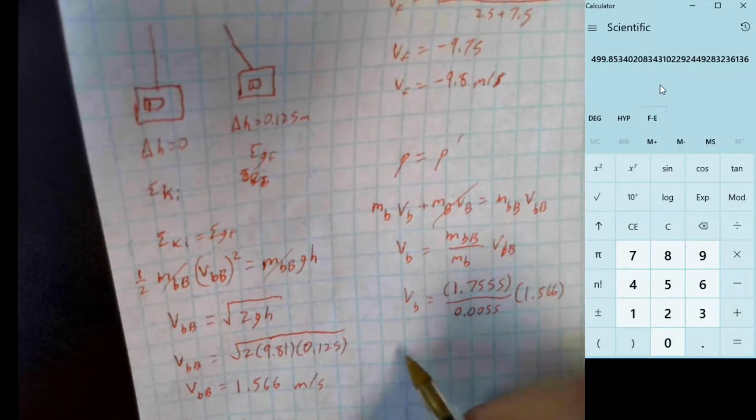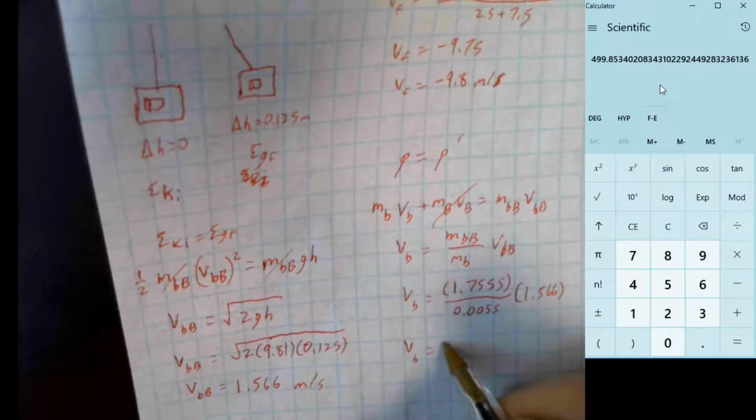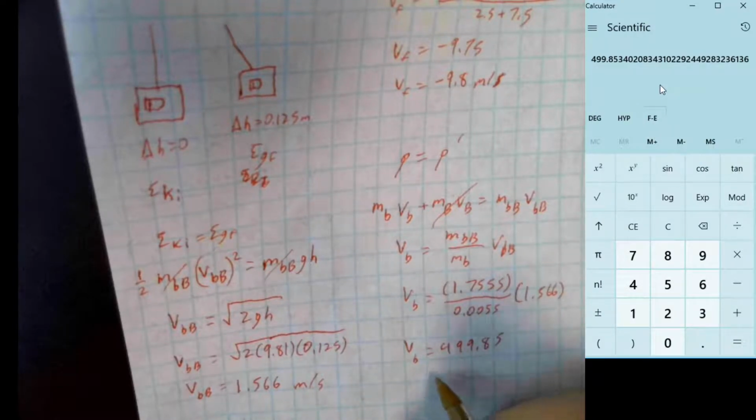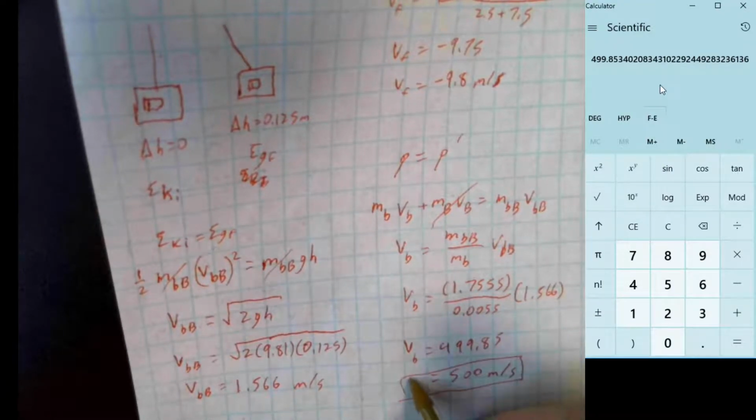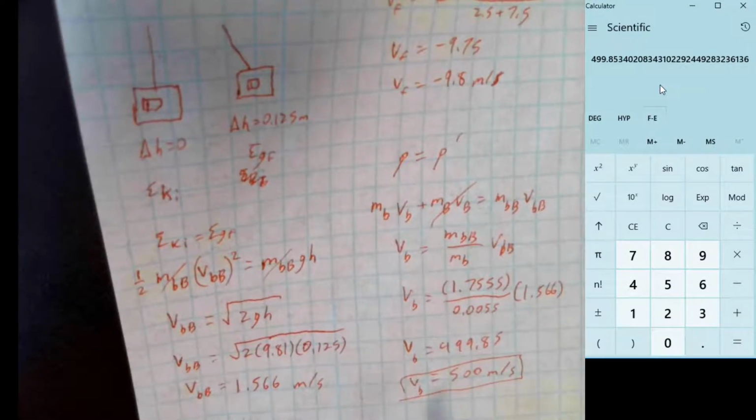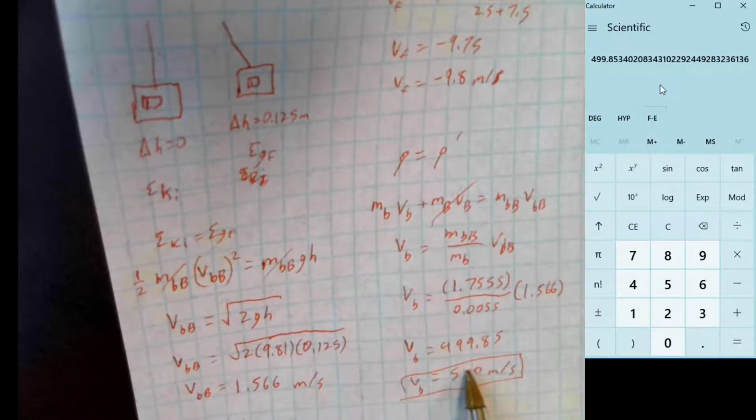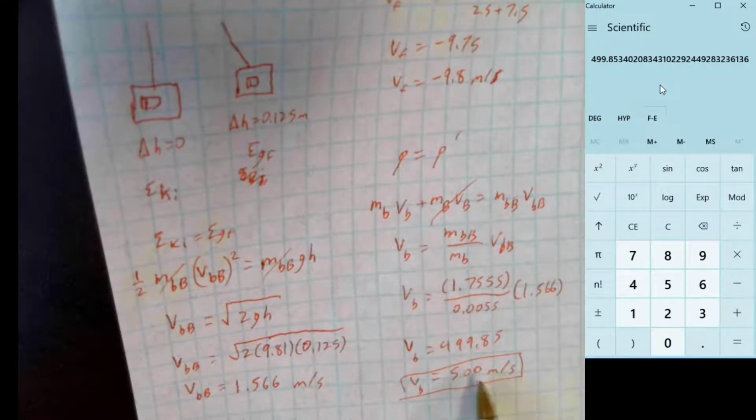I end up with a velocity of my bullet of 499.85, or 500 meters per second. So that is the 3 significant digit value. I already have it there. I don't need to do anything else to show that it's 3 significant digits. In this case, it's just the final solution, but that would be your answer in 3 significant digits.